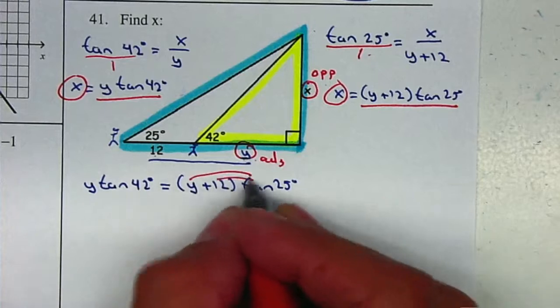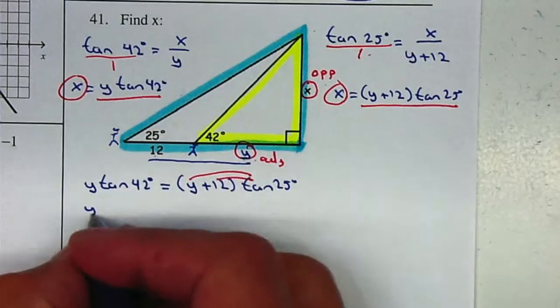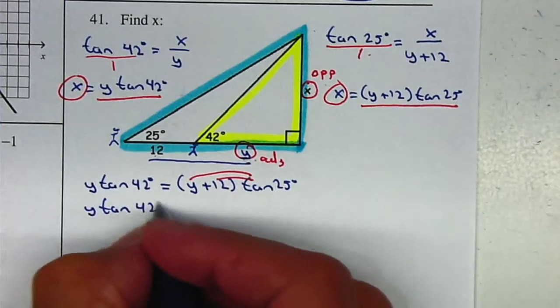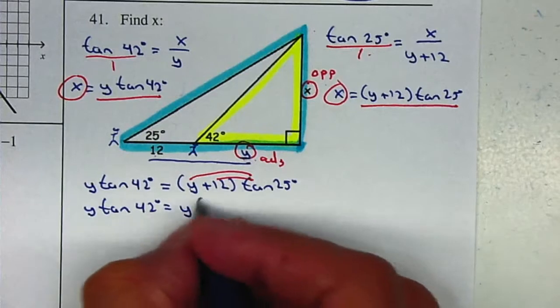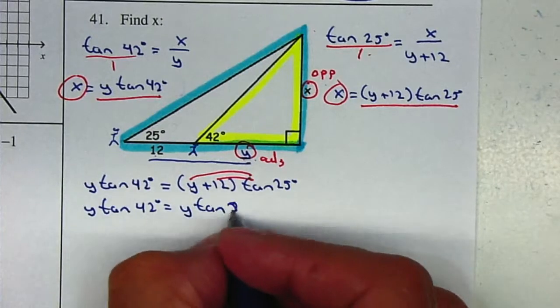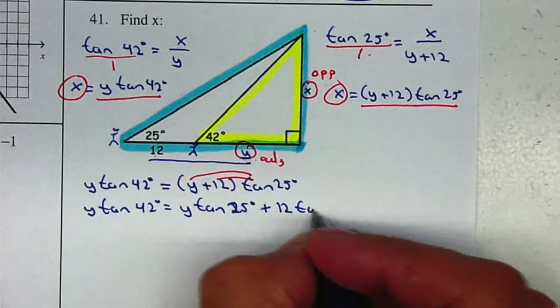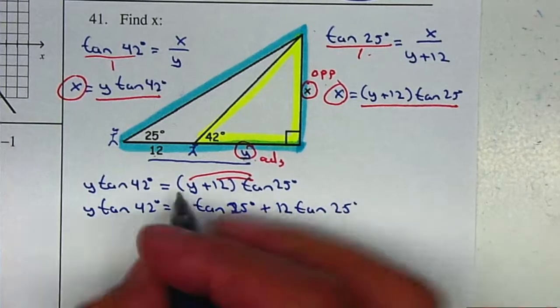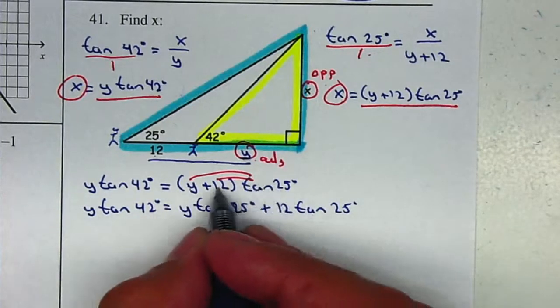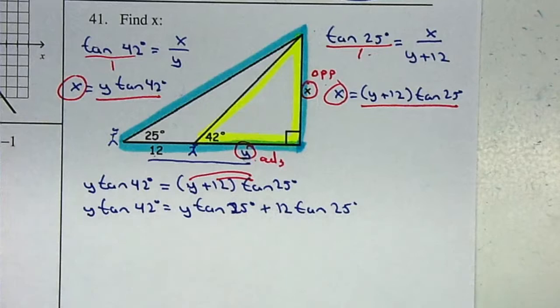So we're going to multiply it out. Y tangent of 42 degrees is equal to y multiplied by the tangent of 25 degrees plus 12 tangent of 25 degrees. So I multiply the y and the 12 times the tangent of 25.